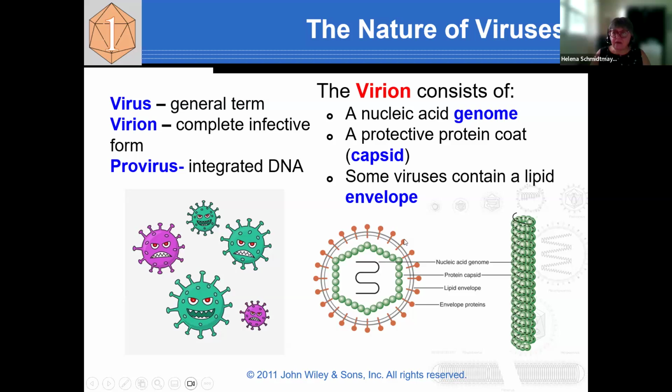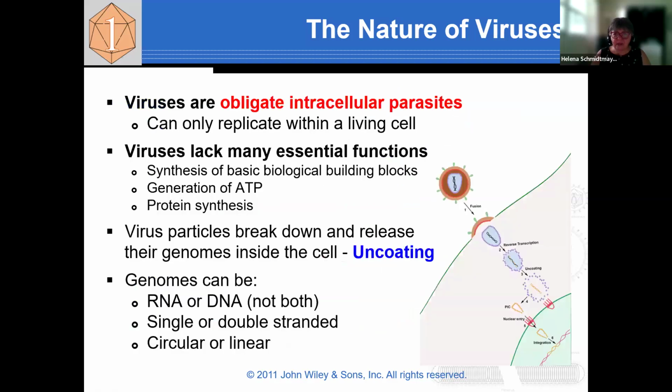However, inside of that viral envelope, there are viral envelope proteins, in most cases glycoproteins, which are specifically encoded by the virus, and those are the keys which recognize the locked receptors on the target cell. So: nucleic acid genome, capsid, and envelope proteins. This is a very basic structure you can find in any virus.